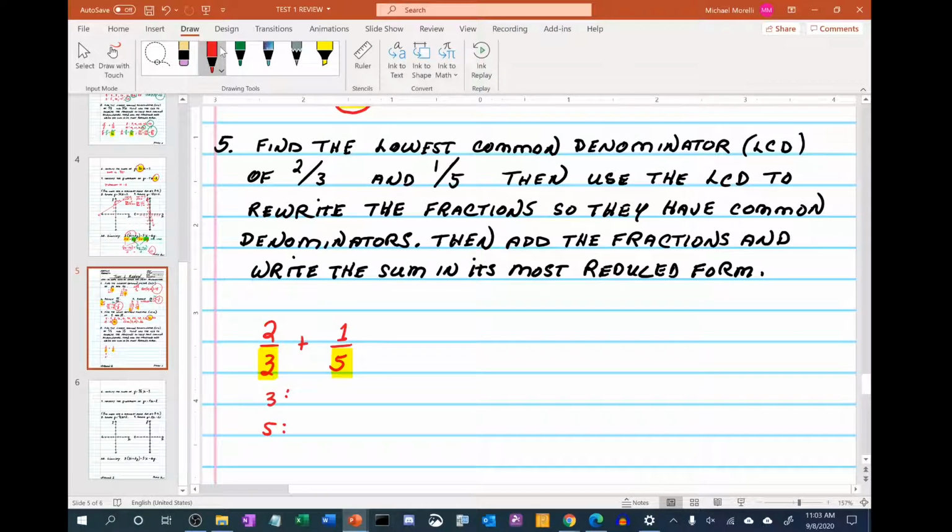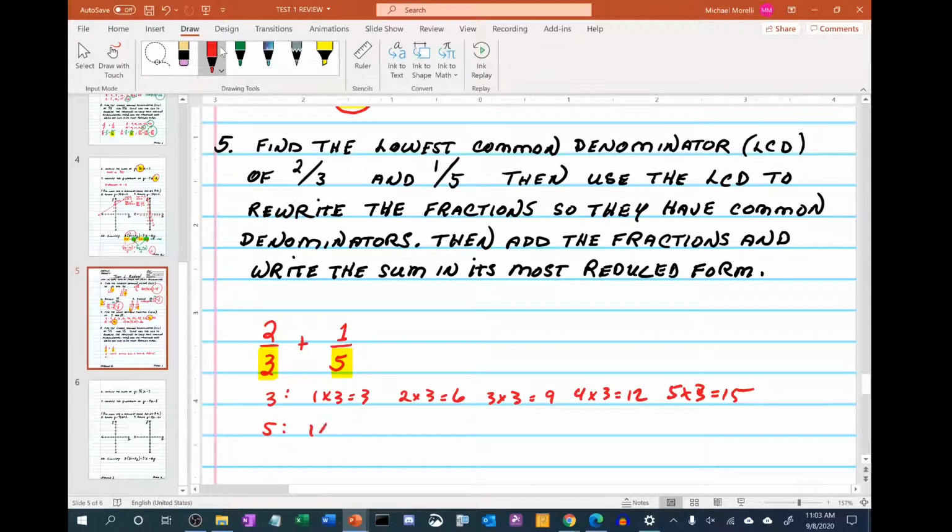So I'm going to write it out like this. 1 times 3 equals 3. 2 times 3 equals 6. 3 times 3 equals 9. 4 times 3 equals 12. 5 times 3 equals 15.